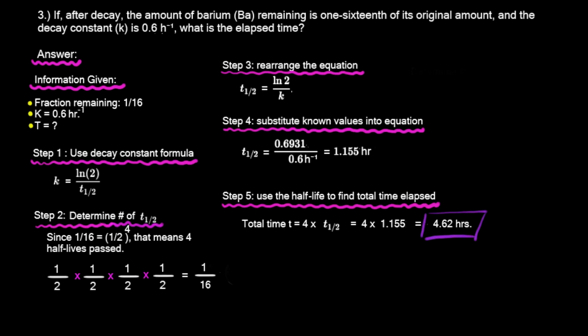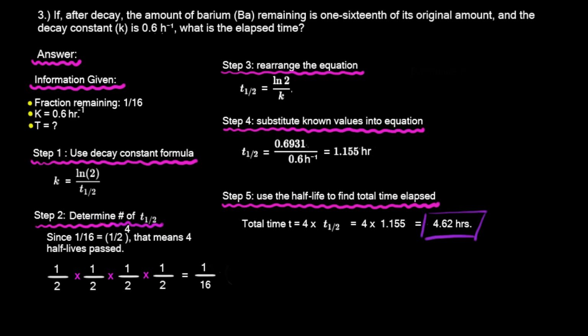So T1/2 is equal to 0.693, which is the value of ln2, divided by 0.6 per hour, which is the decay constant value that was given to us in the question stem. When we solve this, we get 1.155 hours. So the half-life of the substance is 1.155 hours.